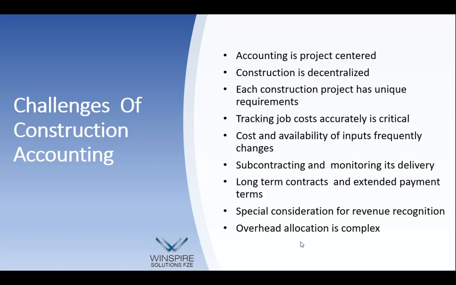So these are all critical challenges of a construction company. And obviously there is a concept called revenue recognition for the finance people, about which I will talk at the last, because it's a highly accounting-related topic. We can take revenue recognition and overhead allocation last.